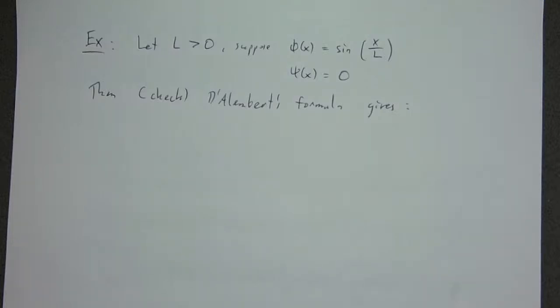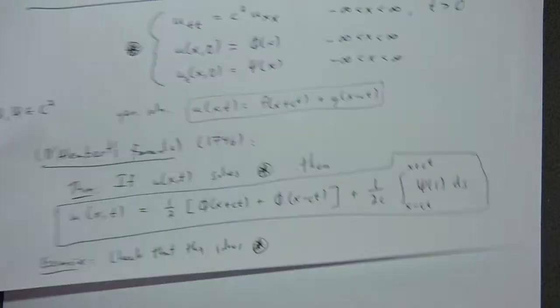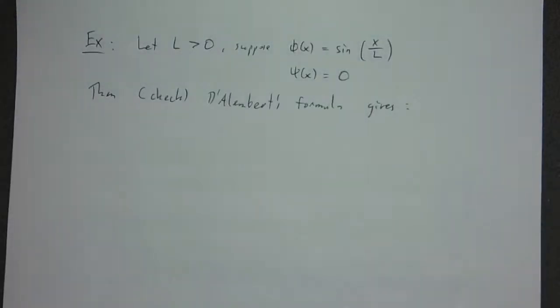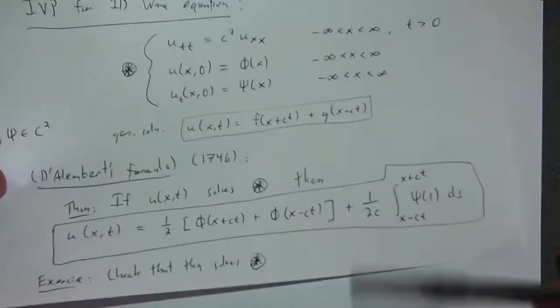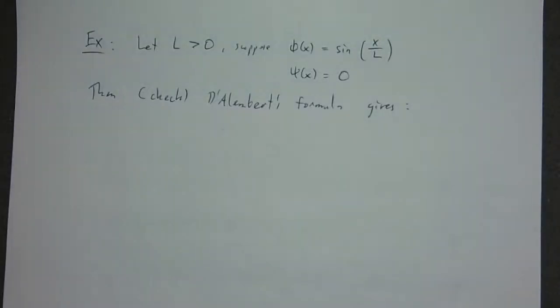Let's write out D'Alembert's formula. So here's my IVP and its explicit solution. Here's D'Alembert's formula. So let's check this. Psi is 0, so this integral term is 0, and all I have to worry about is this. So what do I get?